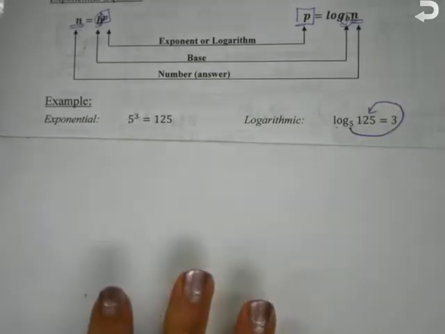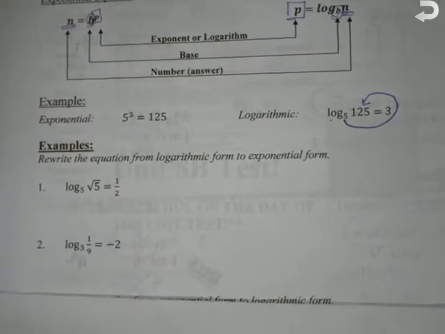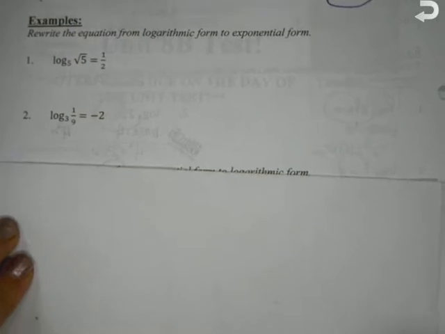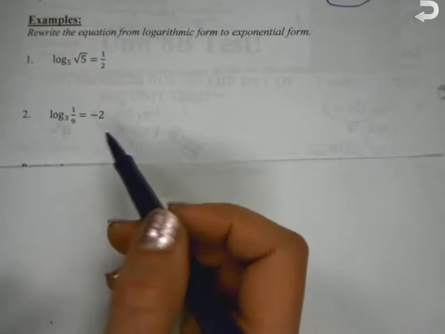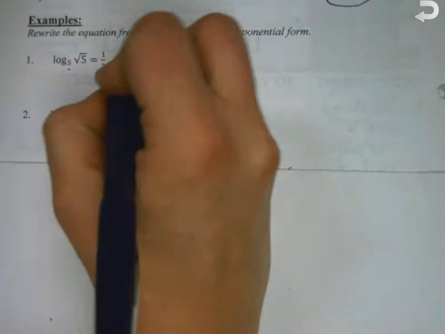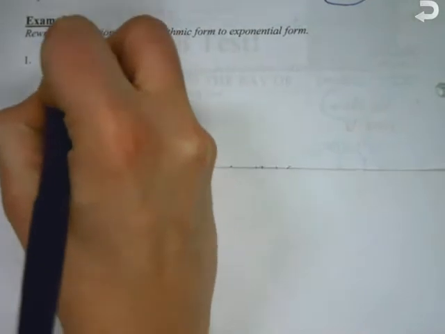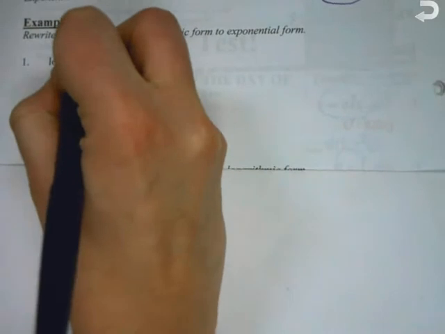So let's refresh ourselves a little bit first with examples 1 and 2. We want to rewrite the equation from logarithmic to exponential form. So this is what our homework was last time. So remember, we start at base 5. So this is 5 to the 1/2 equals square root 5.